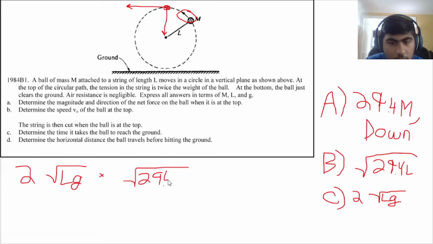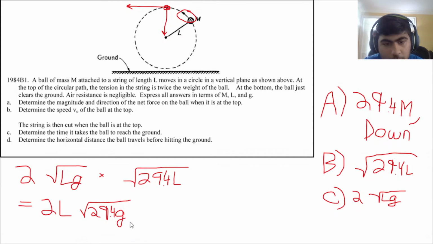the square root of 29.4 L. So we multiply that, we get 2, of course, we can bring the L out, and we're left with the square root of 29.4 over g. Which, if you notice, 29.4 is g times 3.